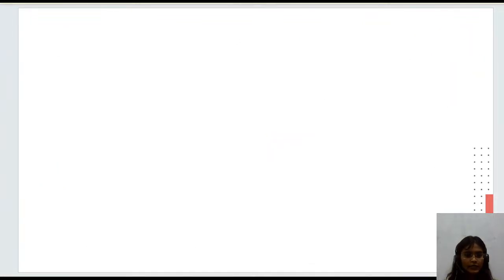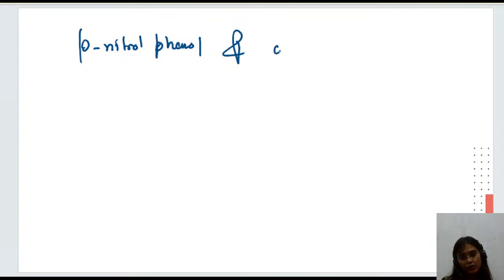So next question, please. Between para-nitrophenol and this ortho-nitrophenol, in which case do we have the maximum boiling point, or which one has the maximum boiling point?